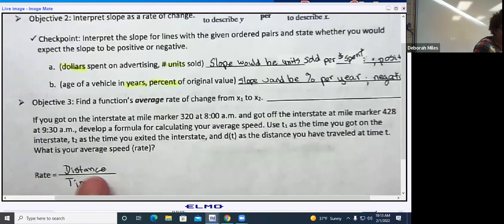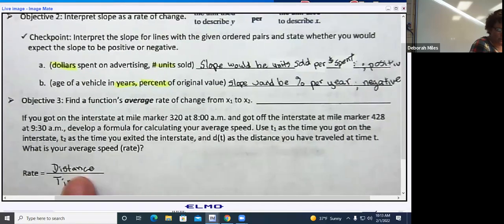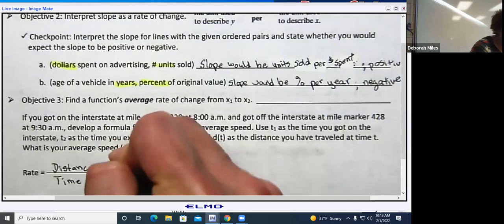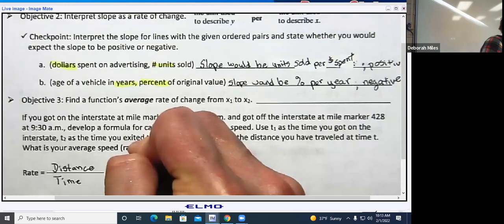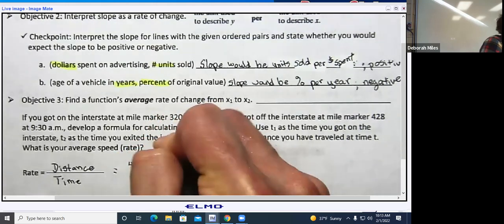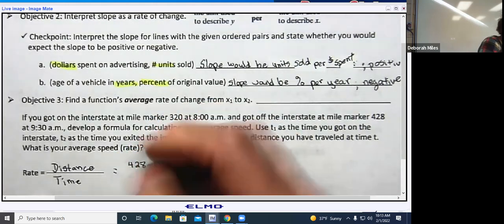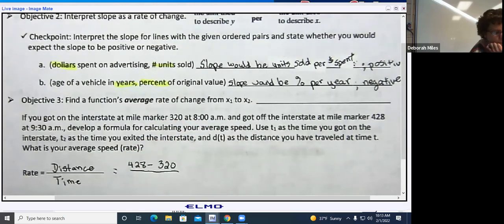All right, how will I find that distance? That's what the mile markers give us. 428 minus 320 would give us the distance we traveled. What about the time we traveled?